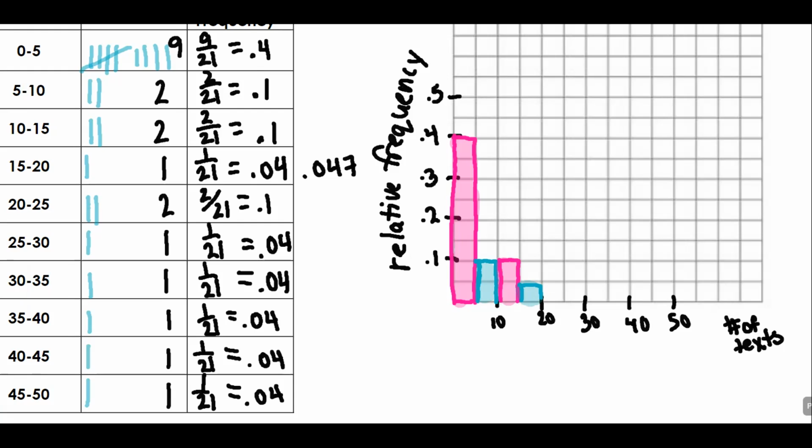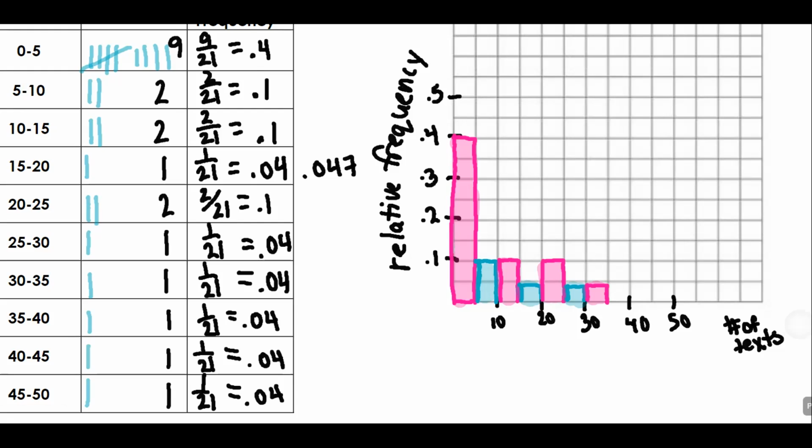That's from 20 to 25, a 0.1. 25 to 30 is a 0.04. 30 to 35 is a 0.04. 35 to 40 is another 0.04. So the rest of these are going to be 0.04.